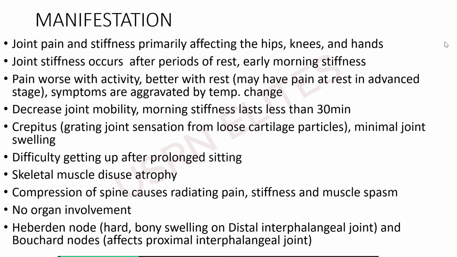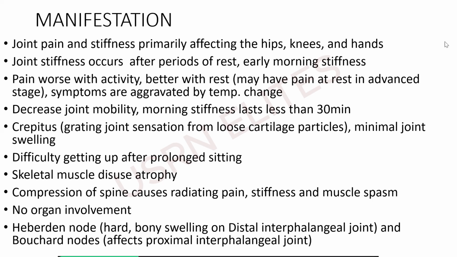When we come to osteoarthritis, we are looking at the joint itself, the cartilage, which has been degenerated. The size goes down, that degeneration, and eventually it will expose the surfaces of the bone, grating against each other. That is the crepitus.